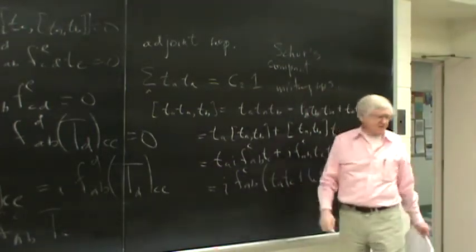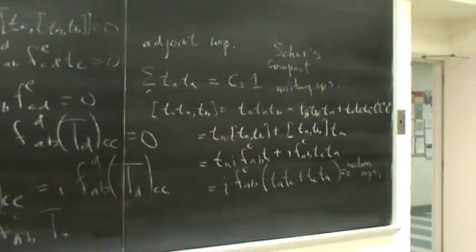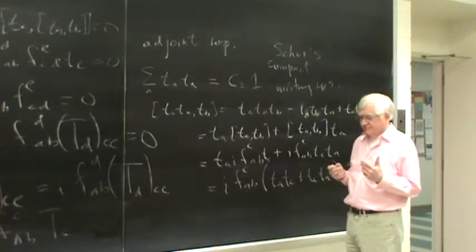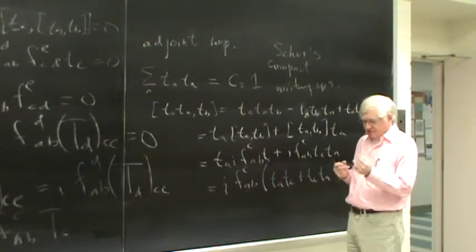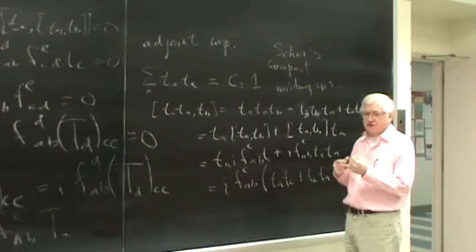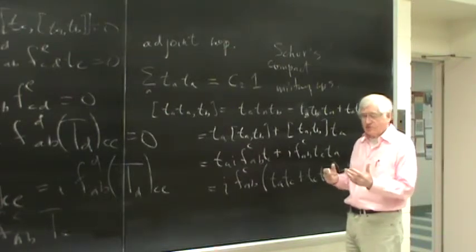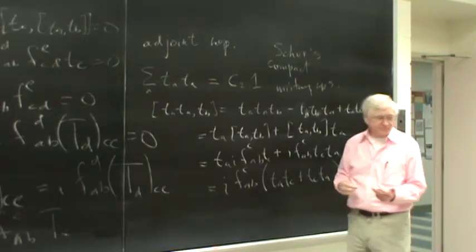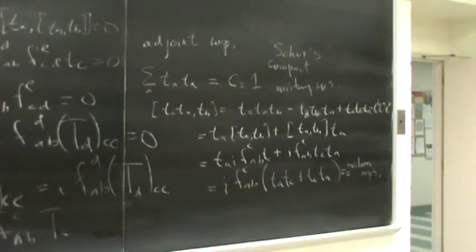Schur's lemma has two parts, but the take-home message is, if something commutes with every generator of a group, then it's got to be a multiple of the identity matrix. Maybe I should go back. I proved Schur's lemma in this book.